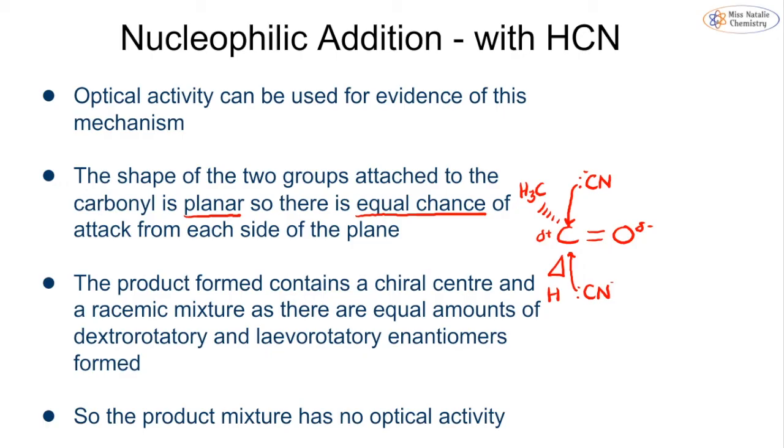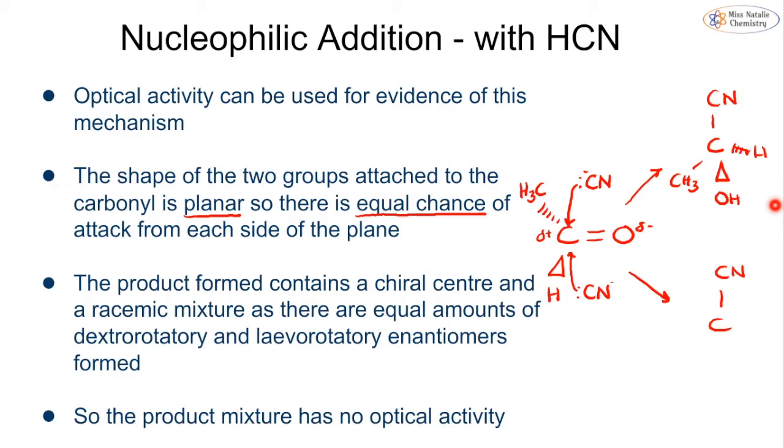And if that happens, we will make two different enantiomers because our product formed would have a chiral center. So we could have this enantiomer where we have the CH3, the OH, and the H, or we could have the other enantiomer.